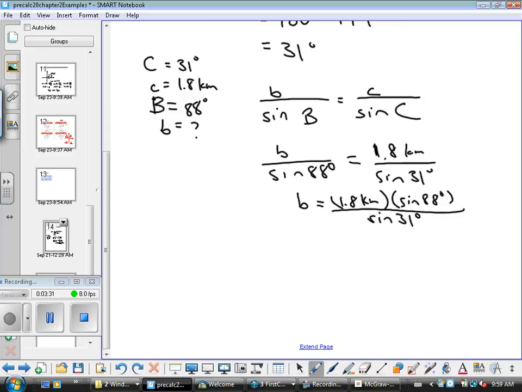So when that's done, we're going to punch that all into our calculator. We'll just go 1.8 times sine 88 divided by sine 31, and you should get about 3.49. What did it ask for? To the nearest tenth of a kilometer. So we're looking at about 3.5.